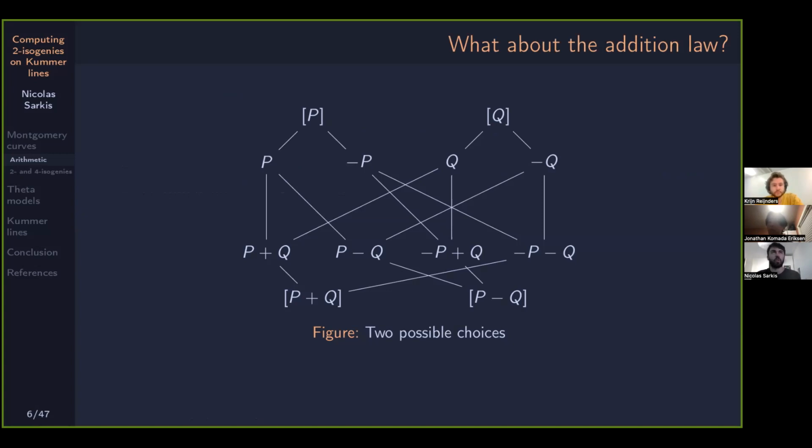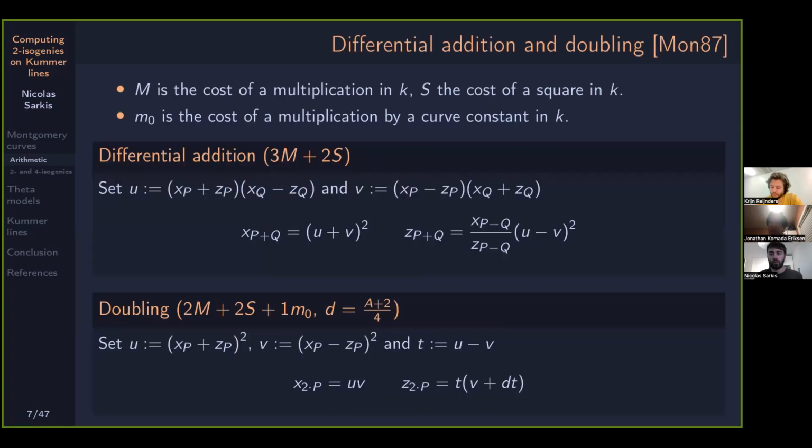And if you go back to the Kummer line, you have two classes: P plus Q and P minus Q. So you can't really add them. But one thing that happens is that if you know P, Q and P minus Q, you can determine which one is P plus Q. This is called differential addition, and this is what Montgomery introduced in 1997.